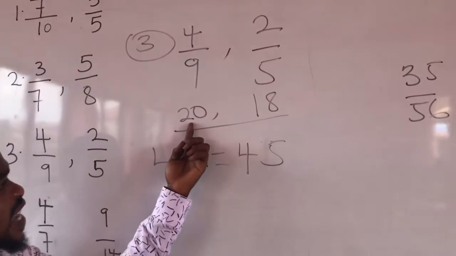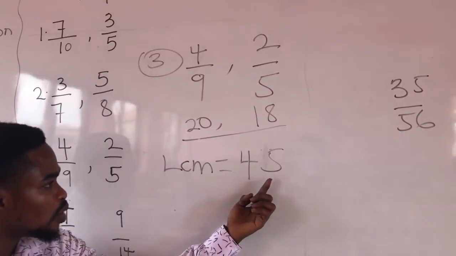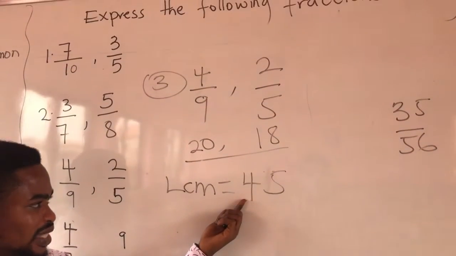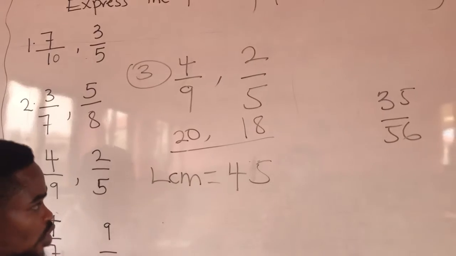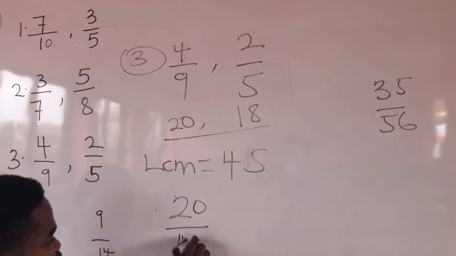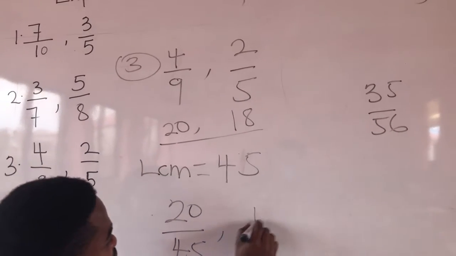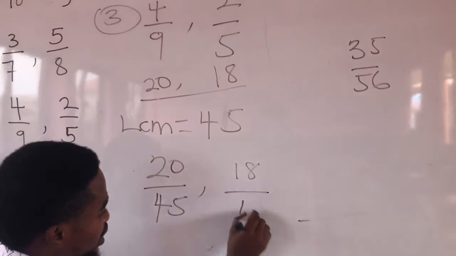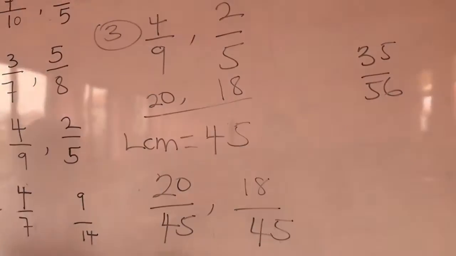So we know that 20 and 18 are sharing the same least common denominator. Right? So we write it as 20 out of 45, right, comma, then 18 out of the same 45. Remember, they're sharing the same denominator.